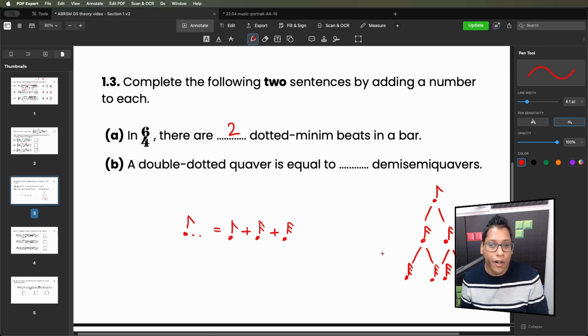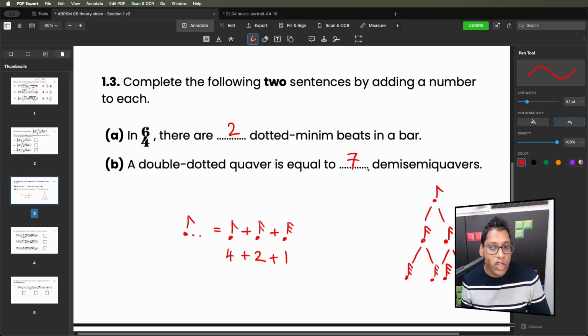Now that we've worked that out, we know that the quaver is worth 4 demisemiquavers. The semiquaver is worth 2 demisemiquavers, and then obviously one demisemiquaver is just one demisemiquaver, right? 4 plus 2 plus 1 is 7, and that is how many demisemiquavers the double dotted quaver is worth.